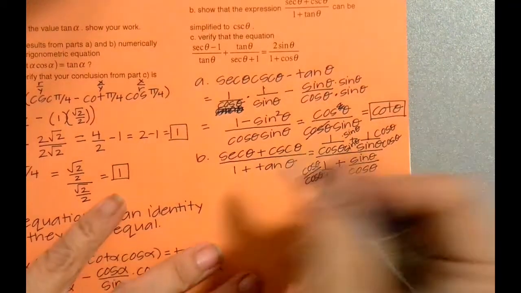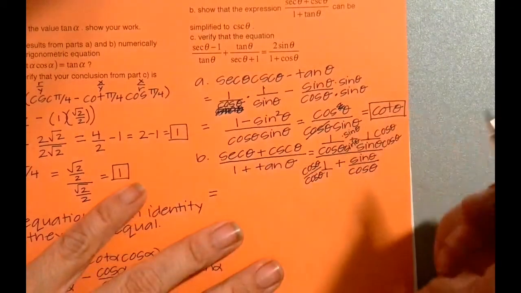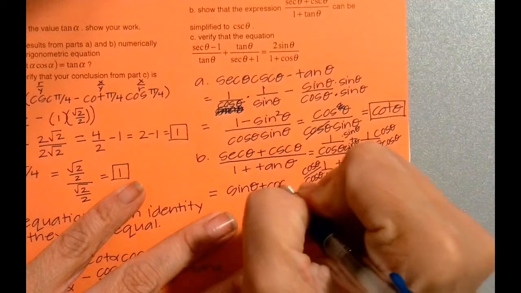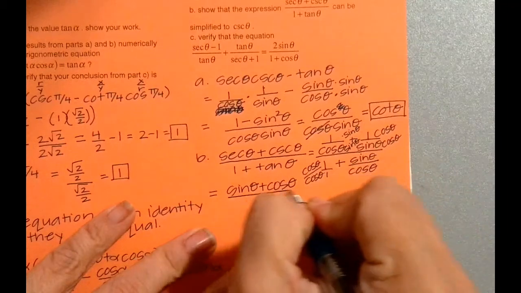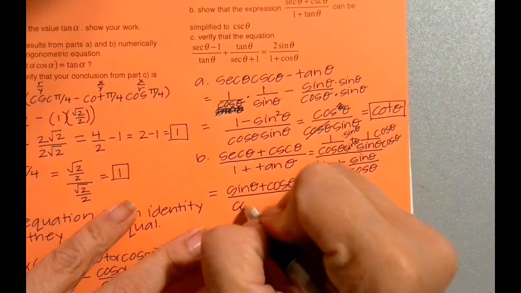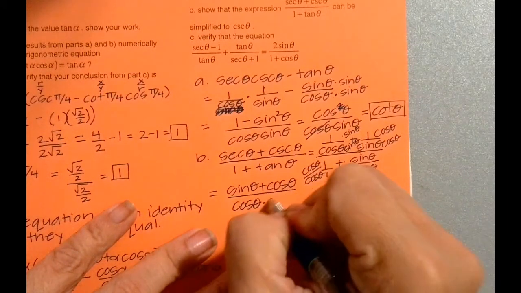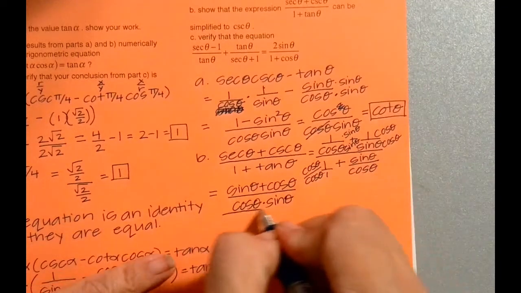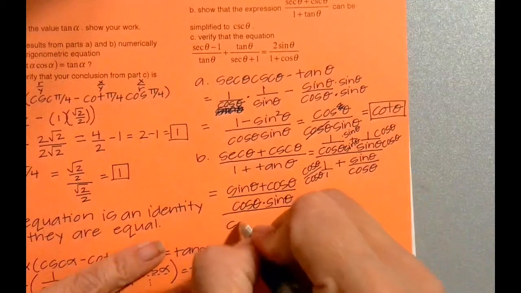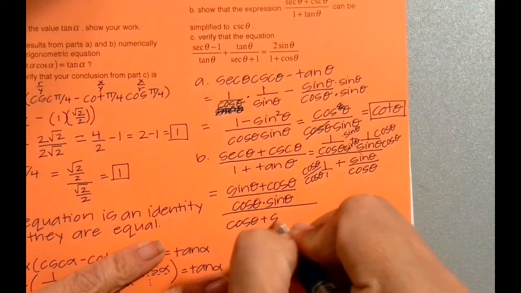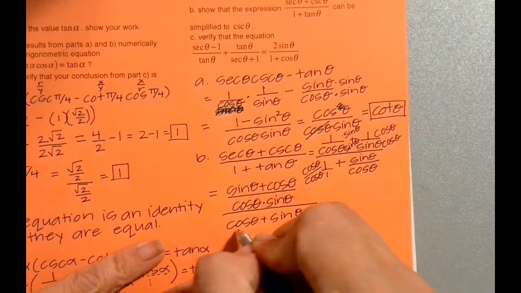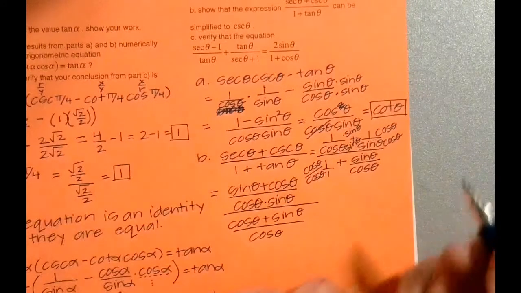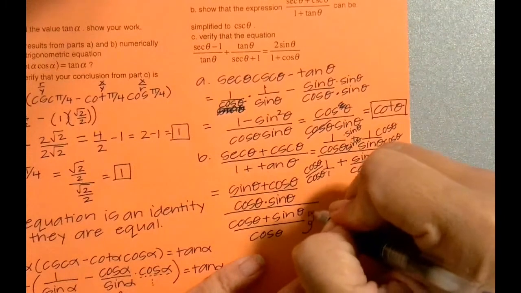So all that simplifies to sine theta plus cosine theta all over multiplying cosine theta times sine theta, and then that's all over cosine theta plus sine theta all over just cosine theta. And then we're going to copy it out, flip this.